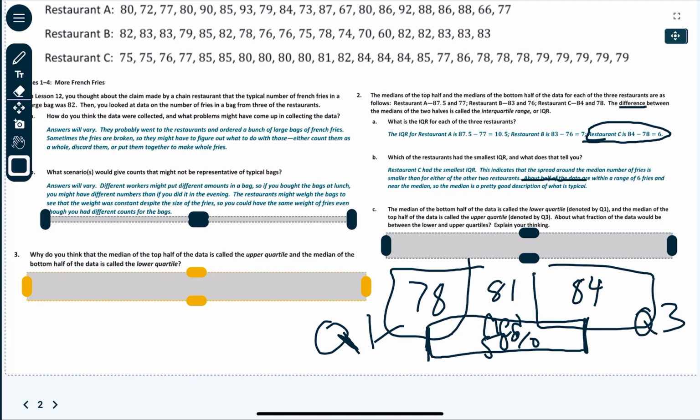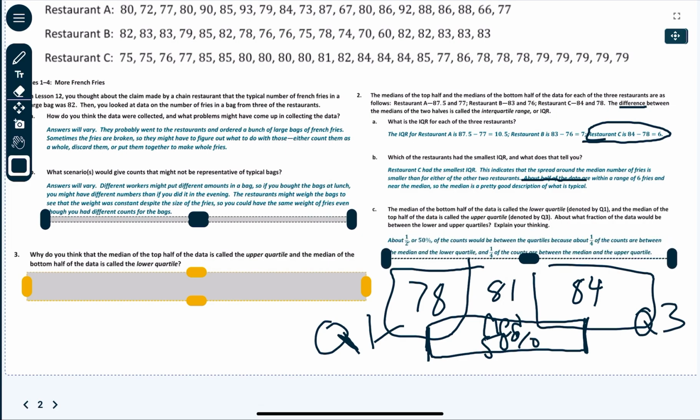About what fraction of the data would be between the lower and the upper quartiles? Well, we should have about 50%. Okay.